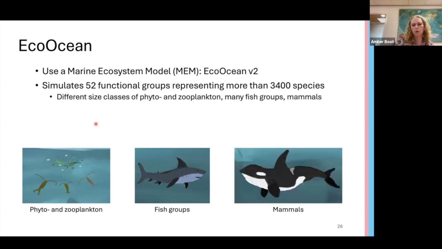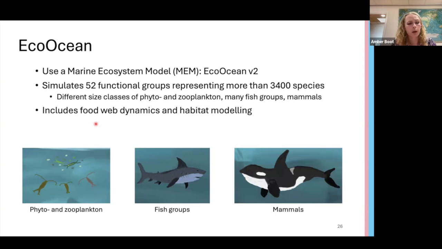We've got a couple of mammal groups, such as dolphins and porpoises, toothed whales, baleen whales, and there are also some other groups, some crustacean groups. So it's quite a complex model with complex food web dynamics and also some habitat modeling.